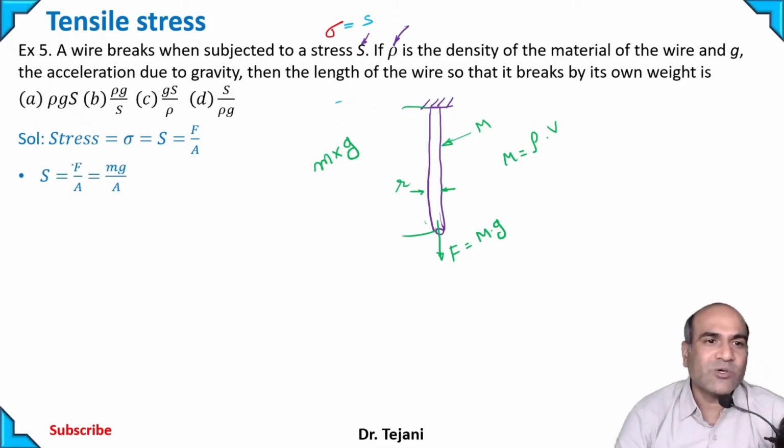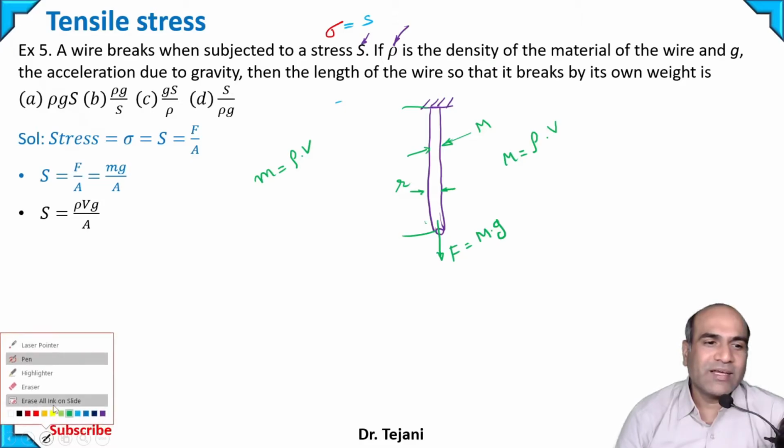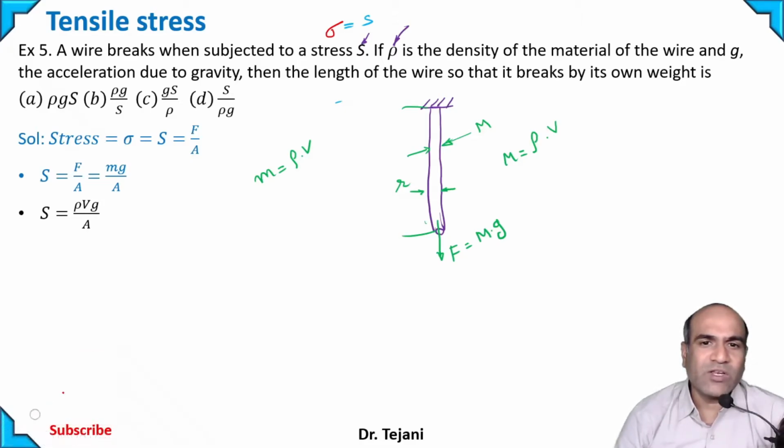So we can put S is equal to F divided by A. F is equal to mass multiplied by gravitational acceleration, so it's a gravitational pull. So S is equal to mg by A. Now what? We know that m is density multiplied by volume. Can we find this rod's volume?